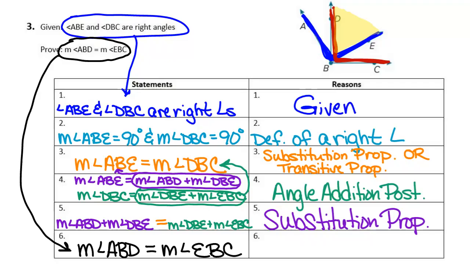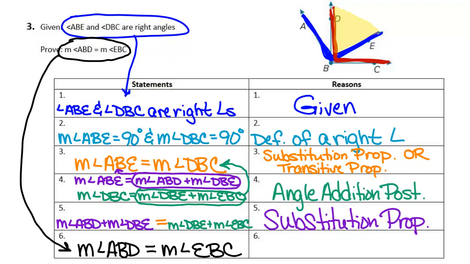We had 90 degrees, that's another thing. 90 degrees again, so that's still the second thing. And DBC, there's my third thing. When I look at what I did here, I have ABE, that's one thing. I have this sum, that's a second thing. I have DBC, that's a third thing. And then I have this sum, that's a fourth thing. So I can't use transitive property on this because I have 4 pieces instead of 3.